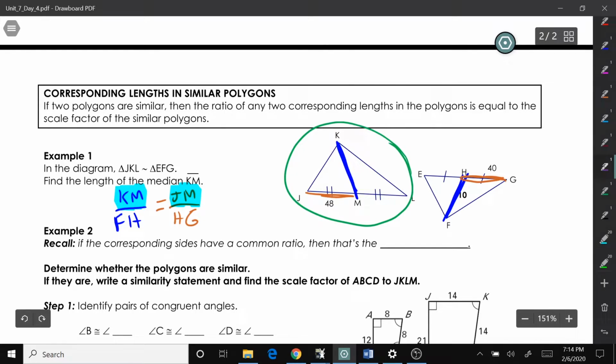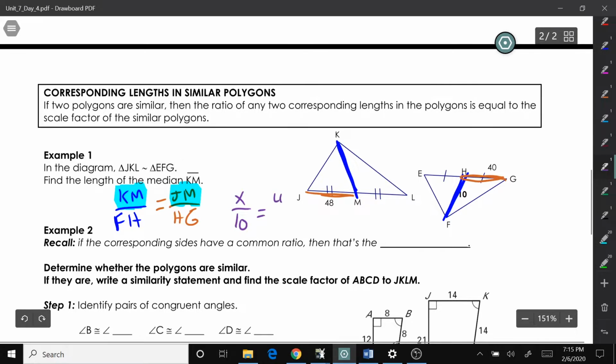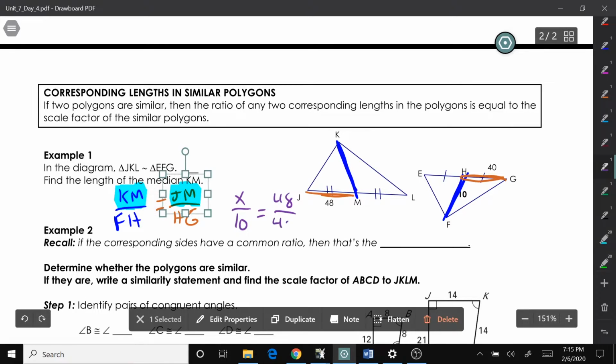So then we will substitute the values that we know. We don't know what KM is, so we can leave that as x over FH. FH is 10, equals JM is 48 over HG, which is 40.